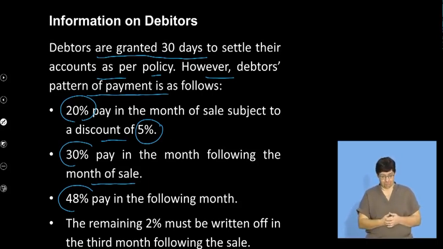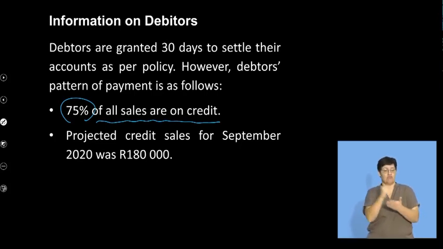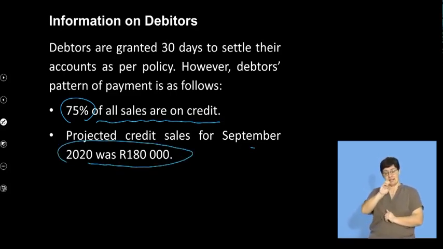Okay, now this is what we have. We are also told that 75% of all sales are on credit, and your projected credit sales for September will be 180,000. So that's the information that we have.